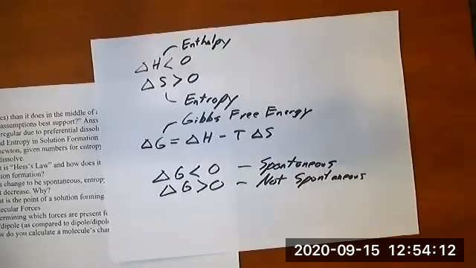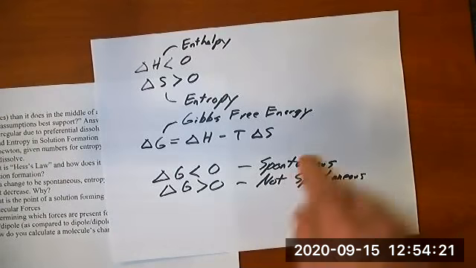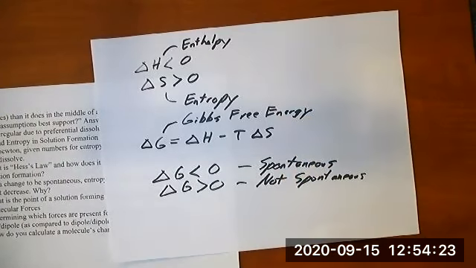It is ridiculously slow for that to happen, so slow that we never see it happen. So spontaneity here tells you, can it happen? And if the answer is no, that's a hard and fast no. If the answer is yes, then you have to look at other things to see if it will happen. Okay.